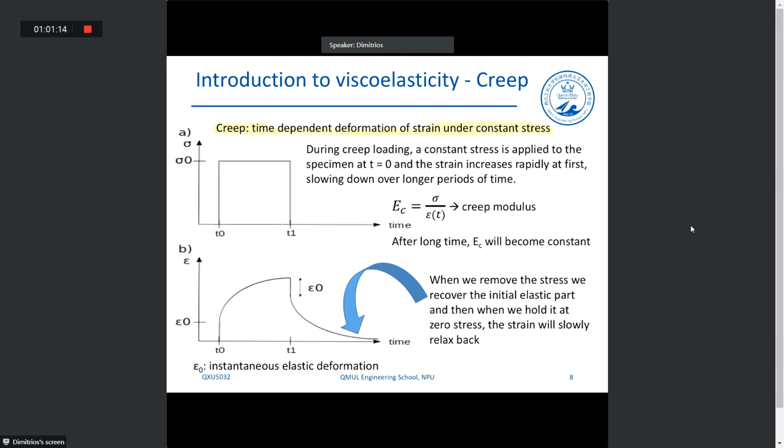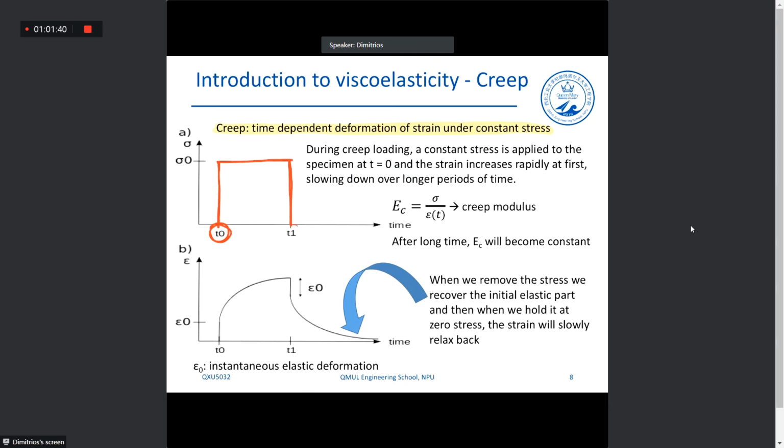So we have a polymer, and we apply a constant stress to the specimen at T0. Okay, T0. We apply the stress very fast. We keep the stress constant, and then we remove the stress at T1. Okay.